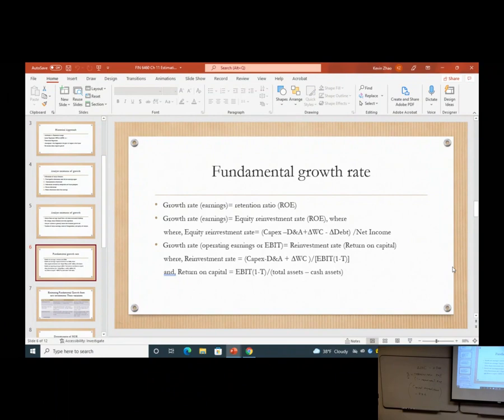I mean, typically you don't need to make such an adjustment if the company doesn't have a large amount of cash. But if it's a company that has a huge amount of cash, you have to make such an adjustment. For example, Apple, Microsoft, they have huge amounts of cash, hundreds of billions. Typically companies don't hold a lot of cash because cash generates nothing for the company, right?